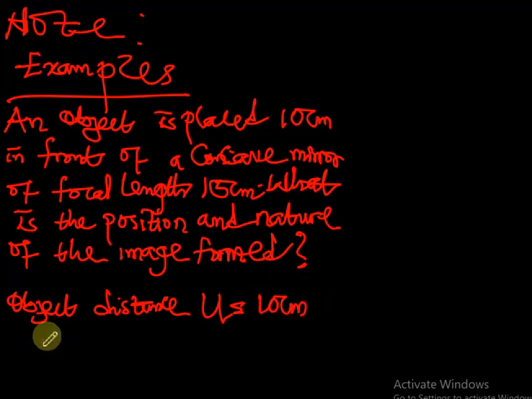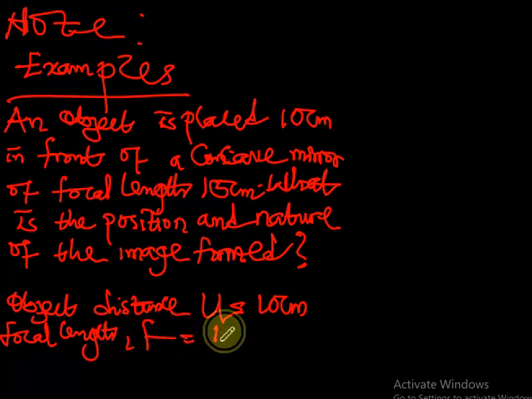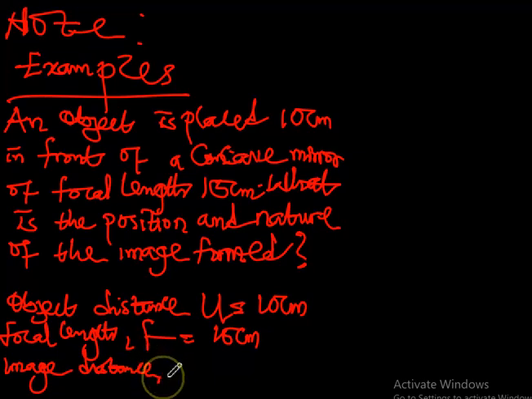Then a concave mirror has a positive focal length, which is f, is 15 centimeters. Then we have to look for the image distance. That is why you have what is the position. The position can be determined when you get the image distance. So how do we get the image distance here?